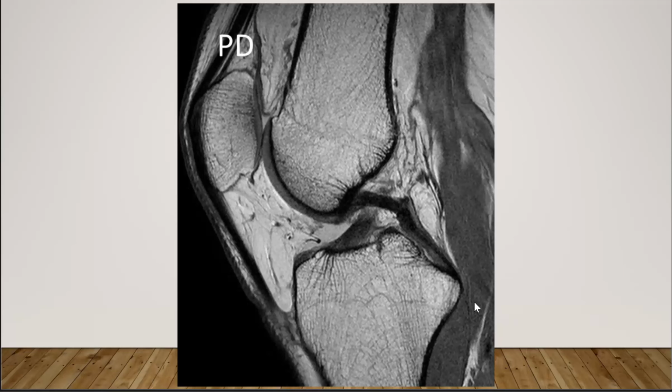In other words, in about 70% of knee MRI, there is either the anterior meniscofemoral ligament of Humphrey or the posterior meniscofemoral ligament of Wrisberg. But in about 6% of knee MRI, both the anterior part and the posterior part of the meniscofemoral ligament are seen.